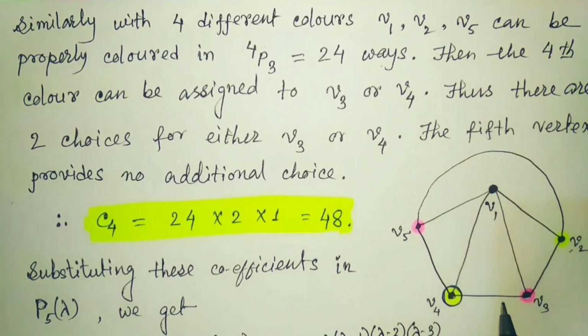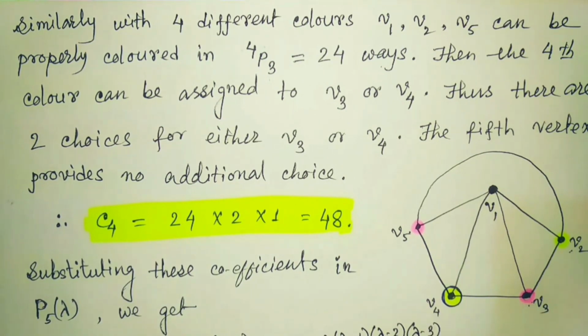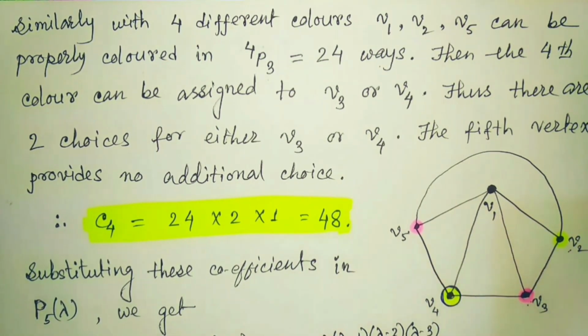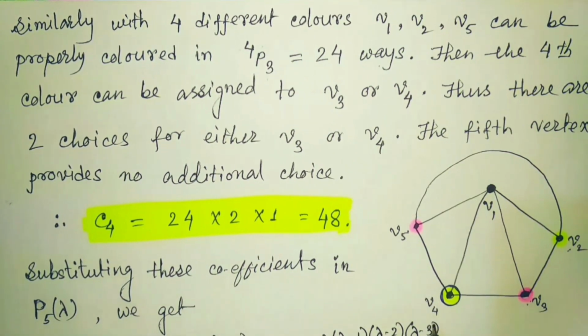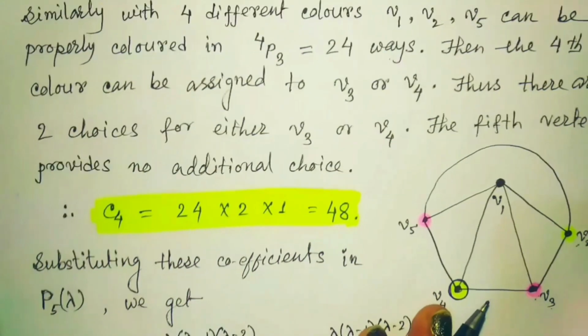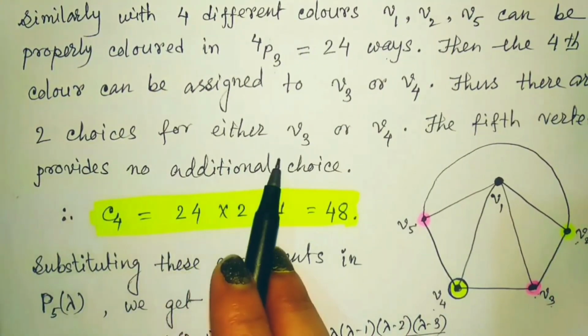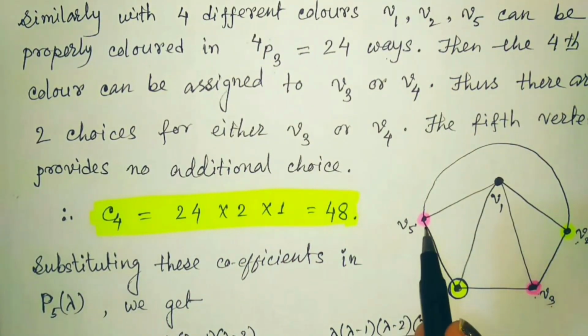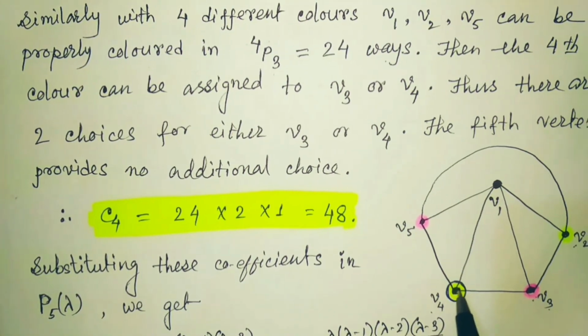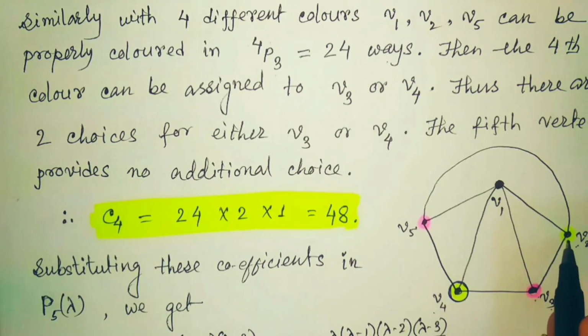Now the 4th color can be assigned to the vertex V3 or V4. So now let us choose the remaining vertices, that is V3 and V4. After considering 3 colors for these 3 vertices, we have one more color left. So that color can be assigned to V4 or V3, anyone. Thus there are 2 choices for either V3 or V4. So after using these 3 colors, one color is left, and if we choose the vertex V4, then it can have the same color as V2 because V2 and V4 are not adjacent and one color is left.